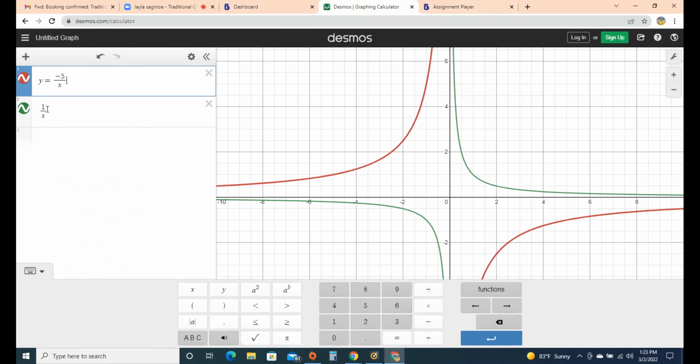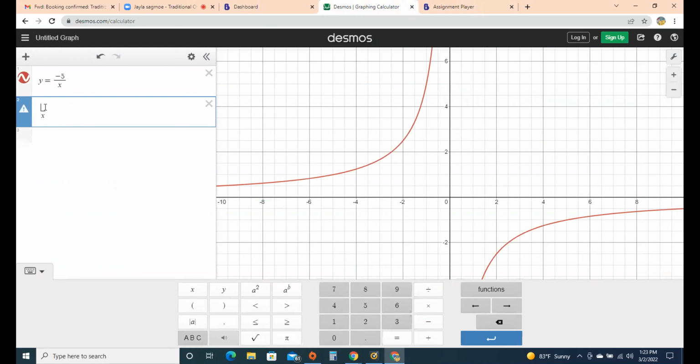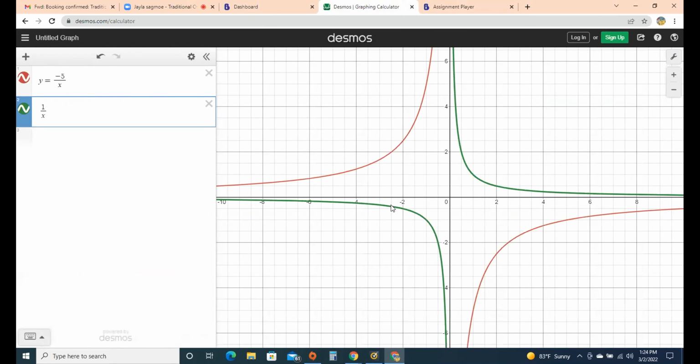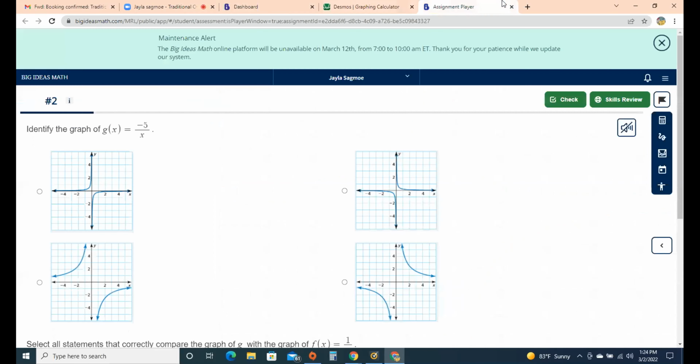Don't delete it. If you click on it, it'll hide and unhide it in case it's distracting. Now go back to the assignment player, and let's see if we can find the one that matches.